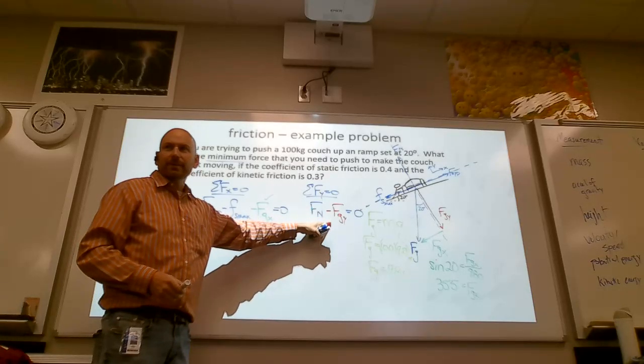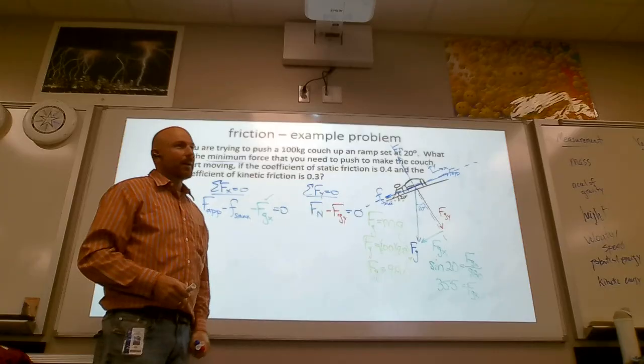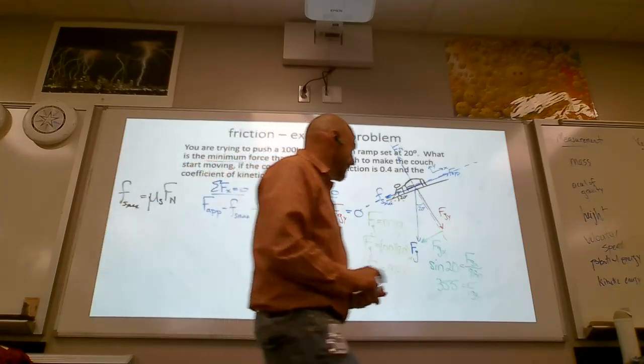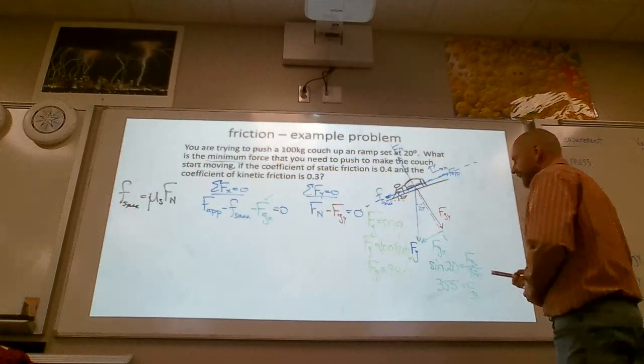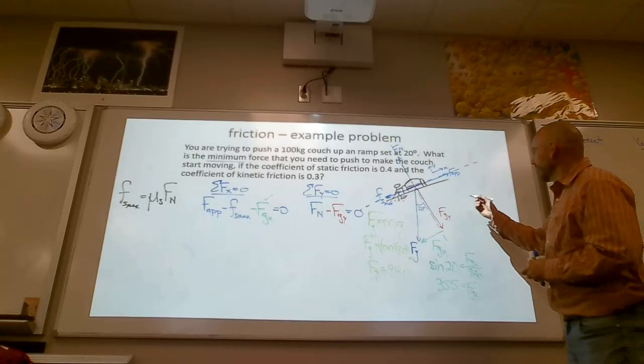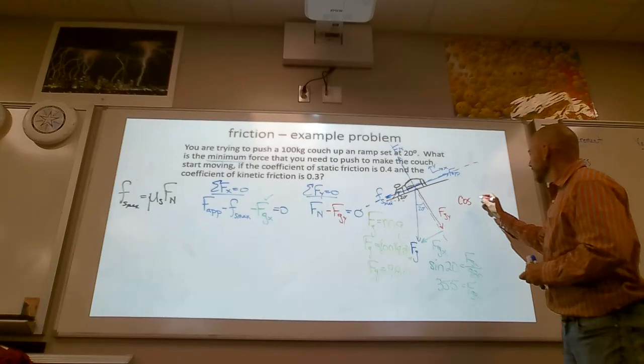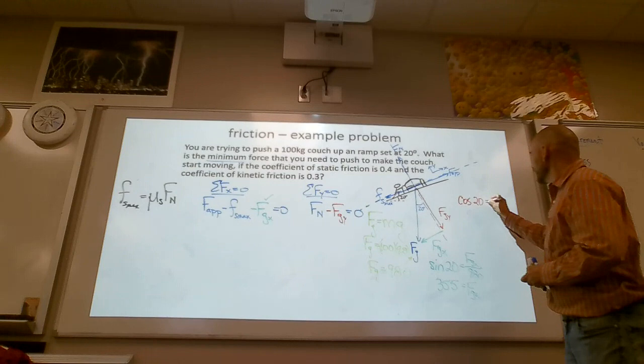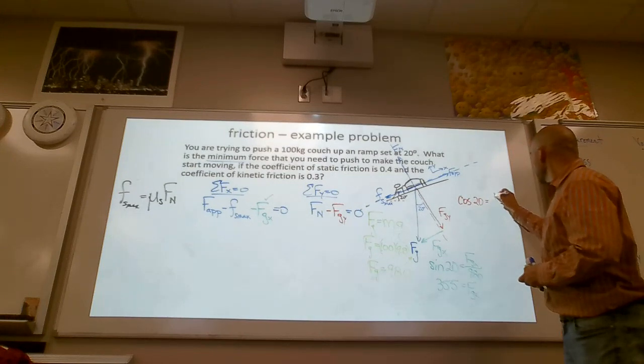Are you serious? How do I find FGY? I need cosine of 20 is equal to FGY over 980.